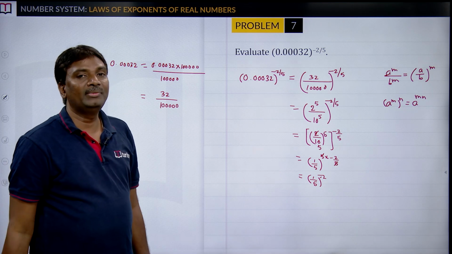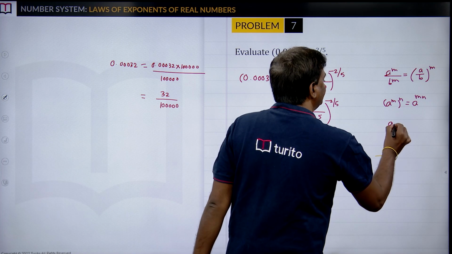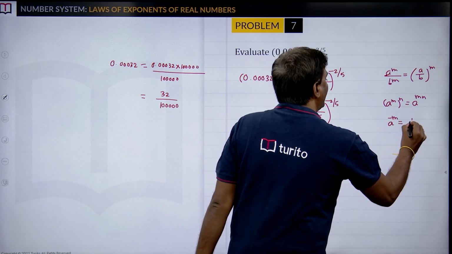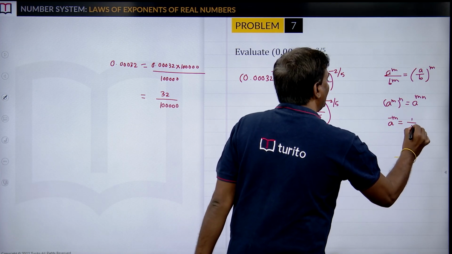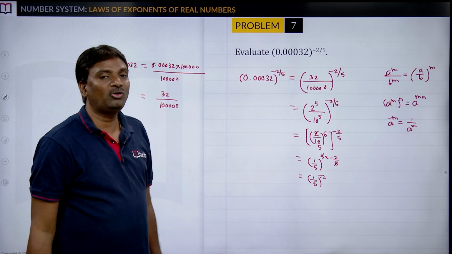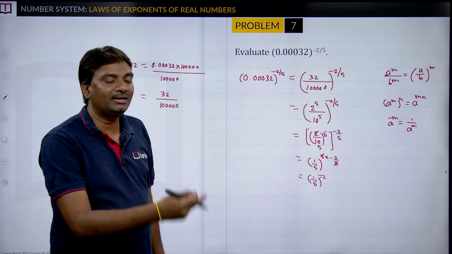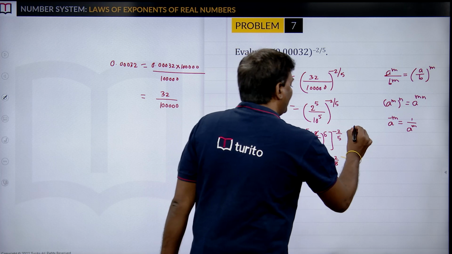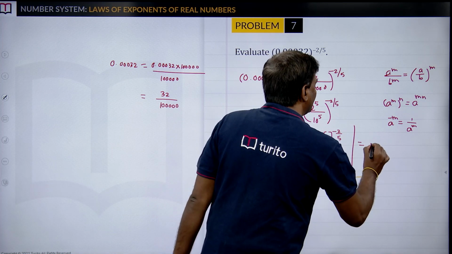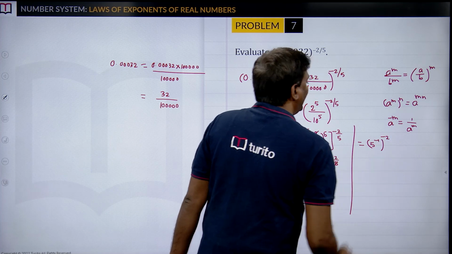We have the formula a power minus m equal to 1 by a power m. Here we have 1 by 5 power minus 2. According to that formula, you can take 5 to the numerator, which can be written as 5 power minus 1, so 5 power minus 1, whole power minus 2.